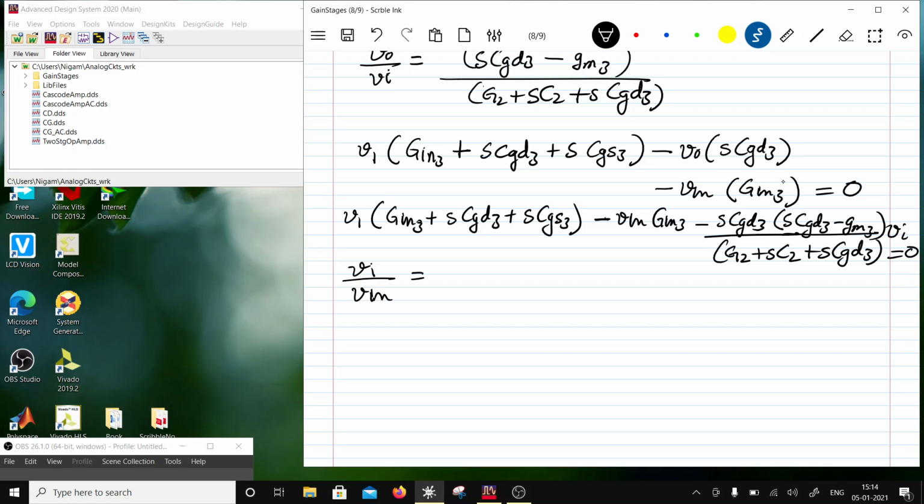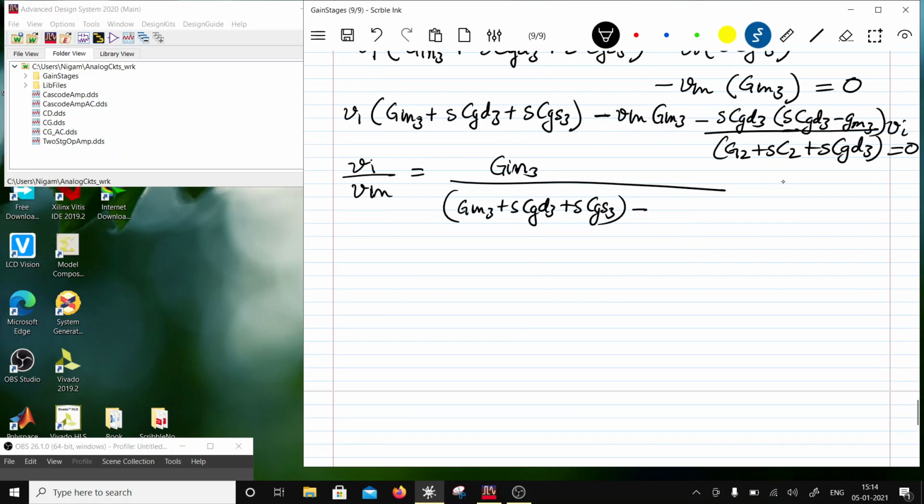So basically Vin goes to the right hand side and I have this term which needs to be simplified, right? So I will have this answer as G in 3 divided by this term, which is G in 3 plus SCGD3 plus SCGS3 minus of this term, which is SCGD3 times of SCGD3 minus GM3 divided by G2 plus SC2 plus SCGD3.